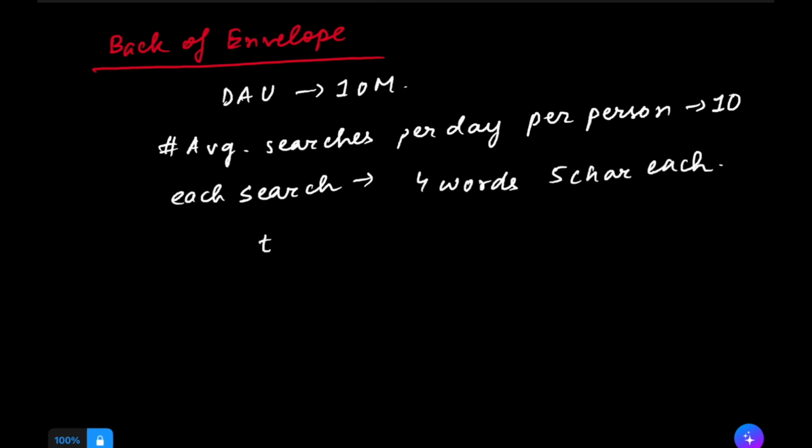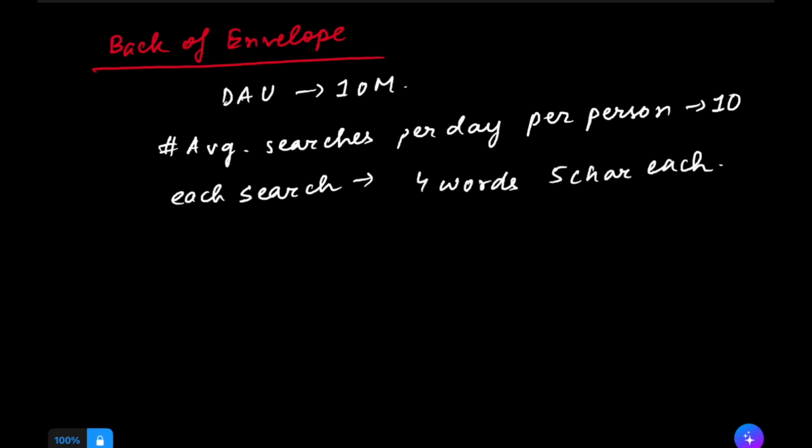Or if instead of W, I write TR, then I will have tree or tram, any word beginning with TR. So for every character which we type, we have an autocomplete suggestion for that particular prefix, and for every character there is a request being sent to the backend.